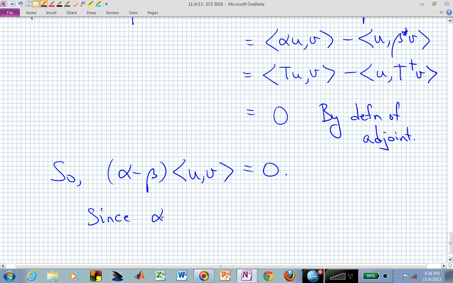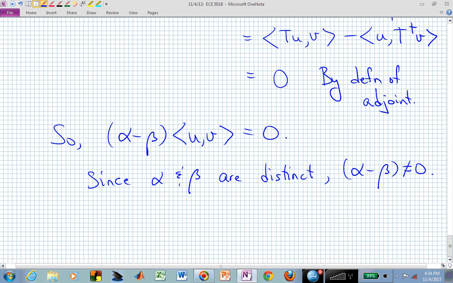And since alpha and beta are distinct in our assumptions, then alpha minus beta is non-zero. So we can divide that non-zero number out and get uv equal to 0.